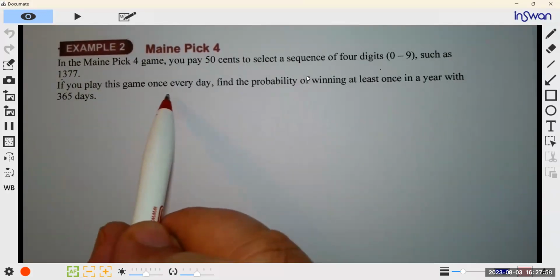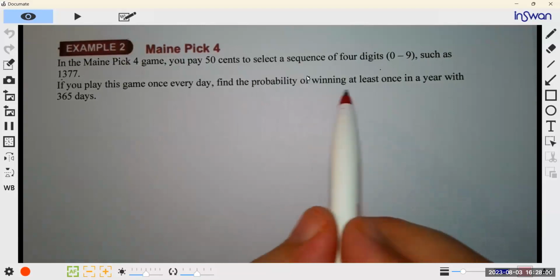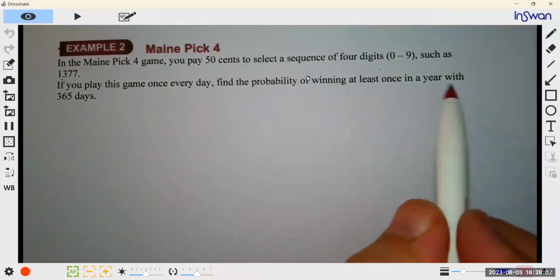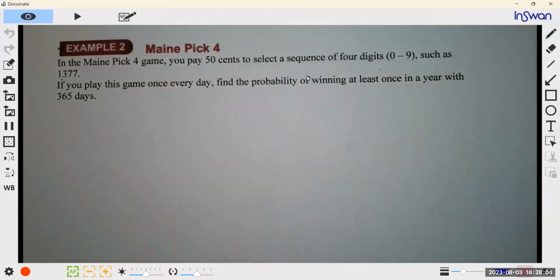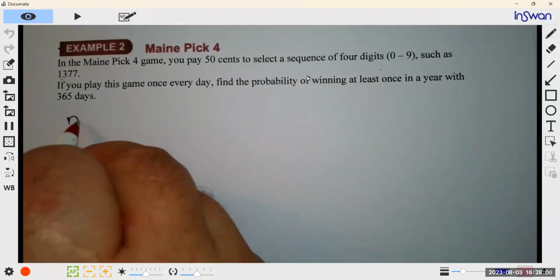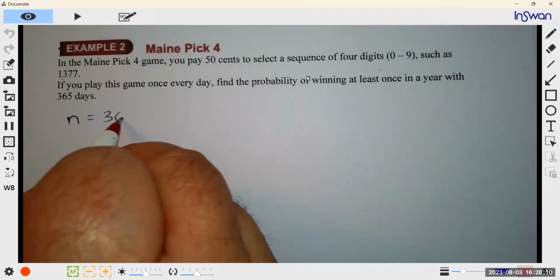If you play the game once every day, find the probability of winning at least once in a year with 365 days. So n is 365.